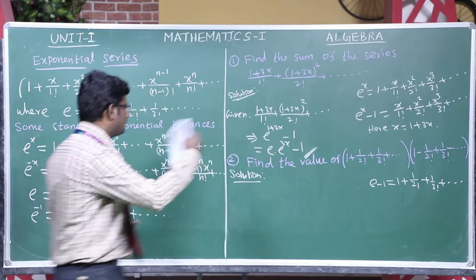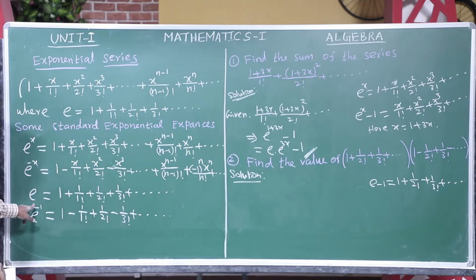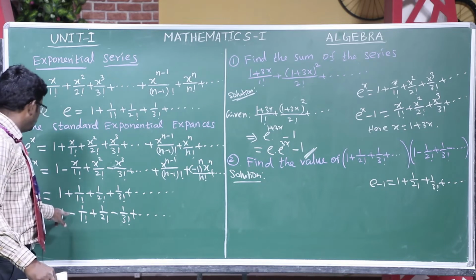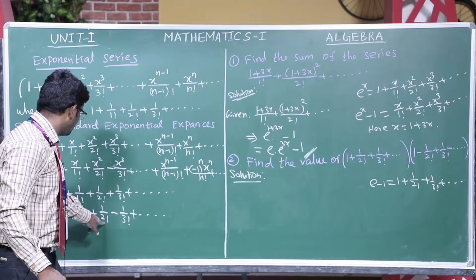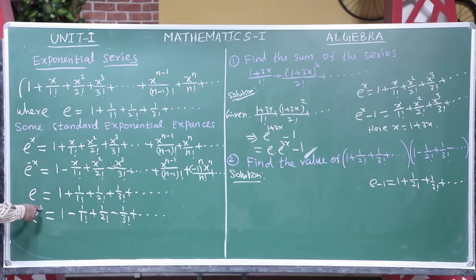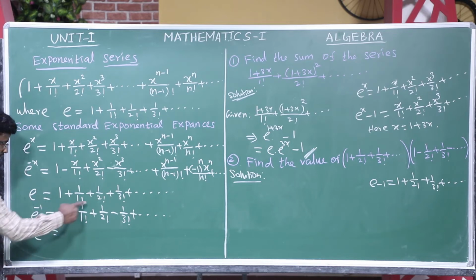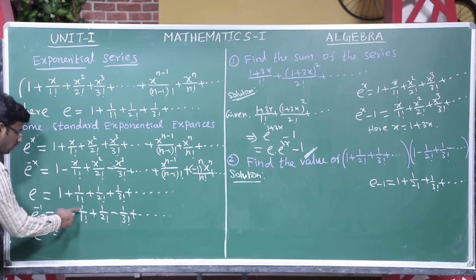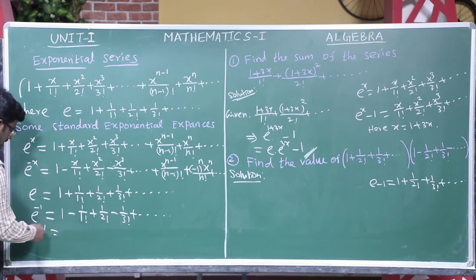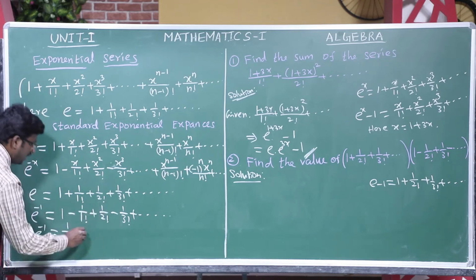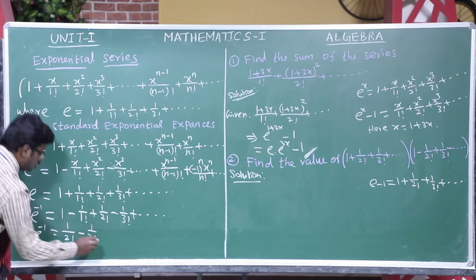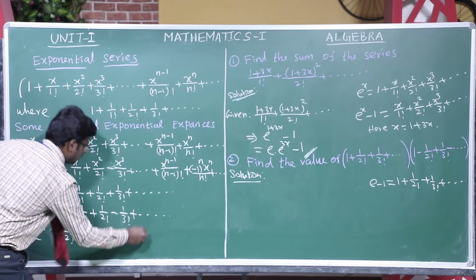Then similarly, e power minus 1 is 1 minus 1 by 1 factorial plus 1 by 2 factorial. Here 1 minus 1 gets cancelled, since 1 by 1 factorial is 1. So e power minus 1 is 1 by 2 factorial minus 1 by 3 factorial plus etc. going on.